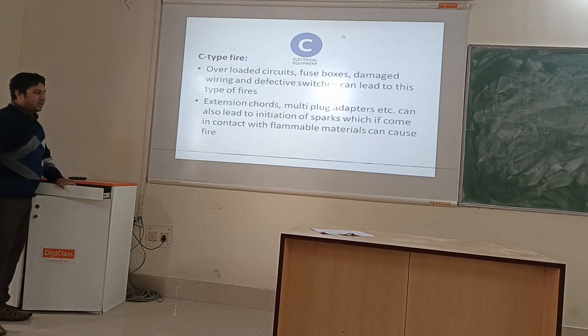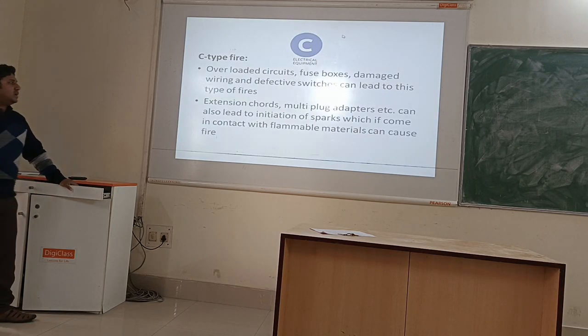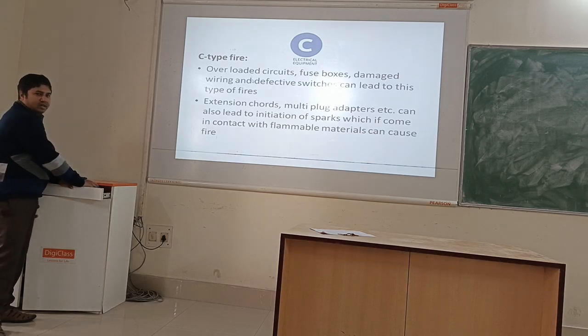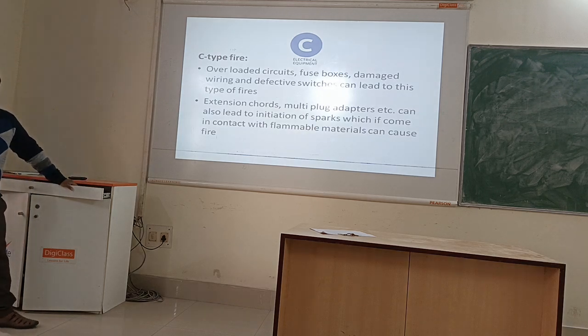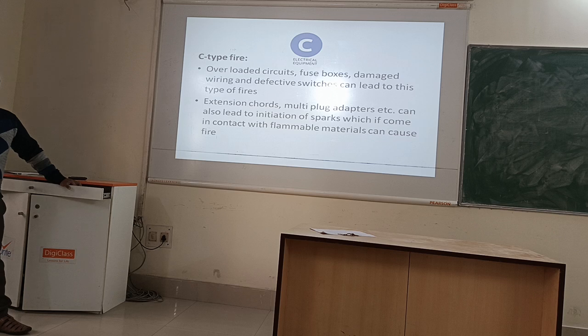Next is the C type category. C type fire is caused by electrical circuits: overloaded circuits, fuse boxes, damaged wiring, defective switches. This leads to this type of fire, which is the actual cause of the ignition.